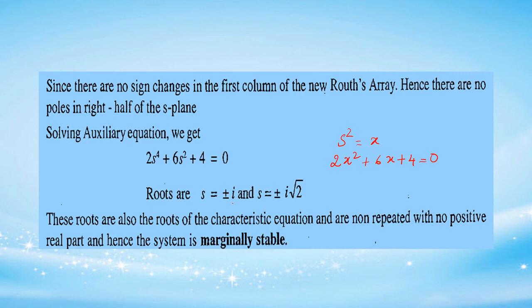We have got the values of s as plus or minus j, and s equal to plus or minus j root 2. These roots are also the roots of the characteristic equation, and they are not repetitive. There is no positive real part present in these; it is only the imaginary part, and hence the system is marginally stable.